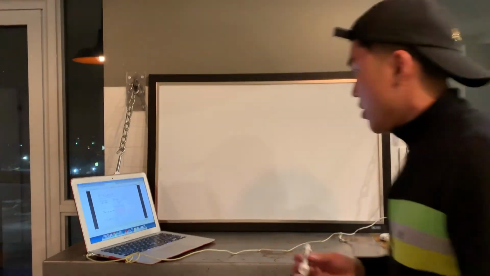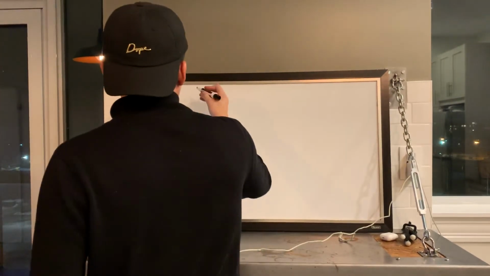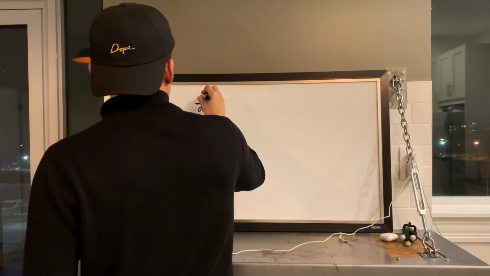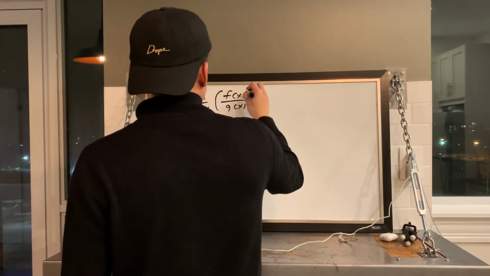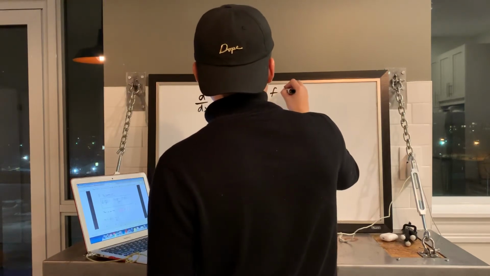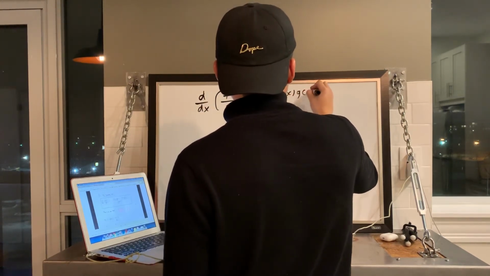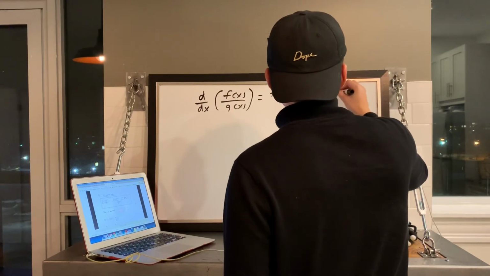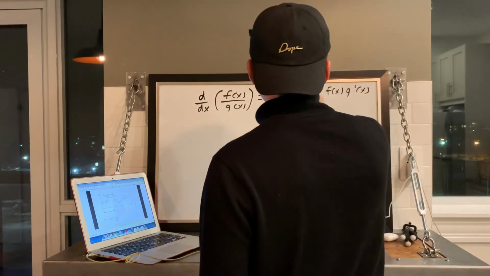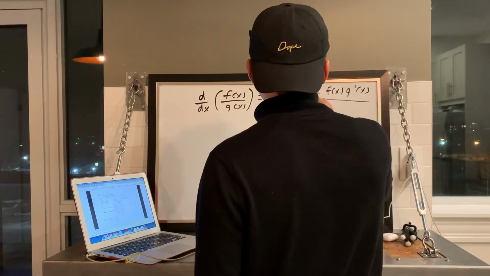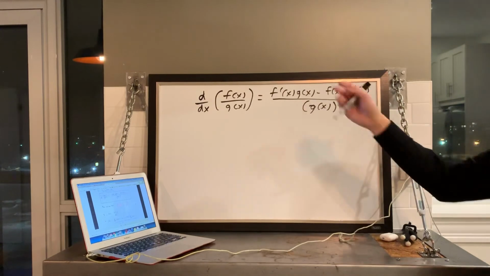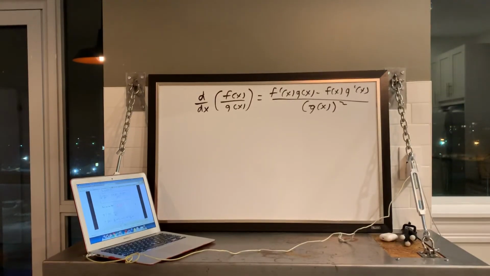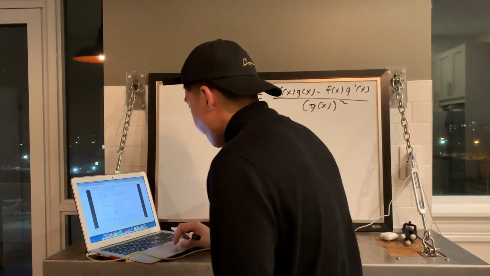So we have the derivative, so d dx of f of x over g of x equals low d high minus high d low, all over the bottom squared. Low d high minus high d low, all over low squared. That's what the quotient rule is.